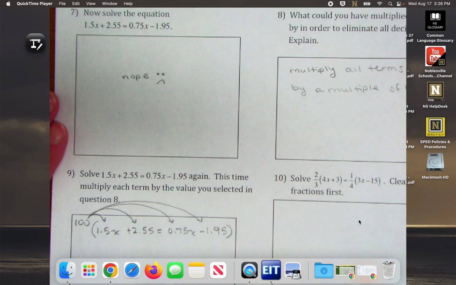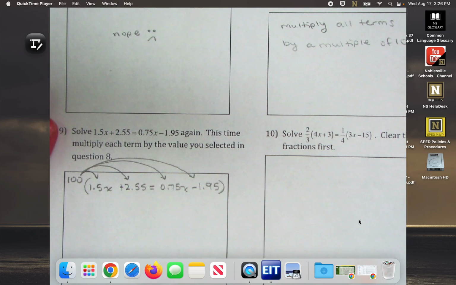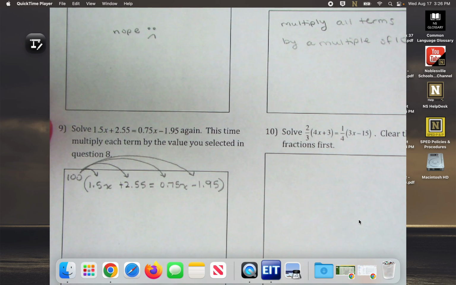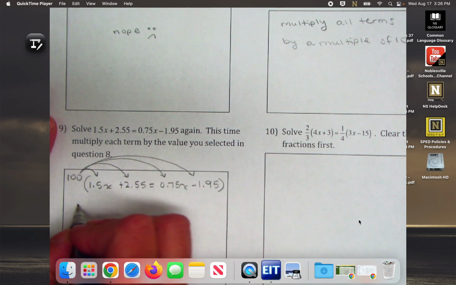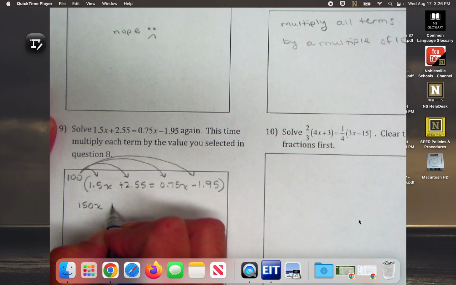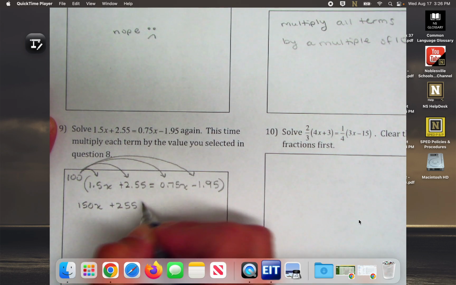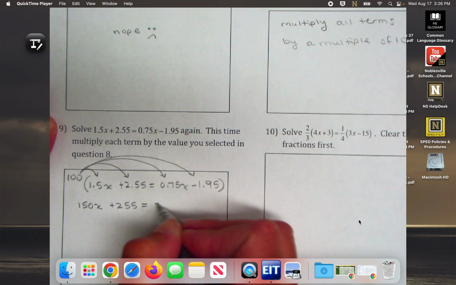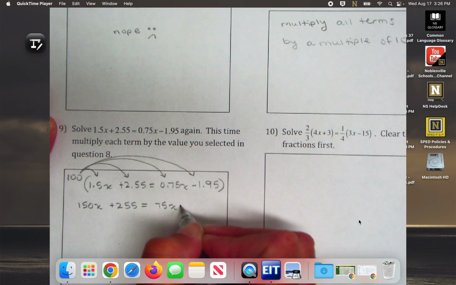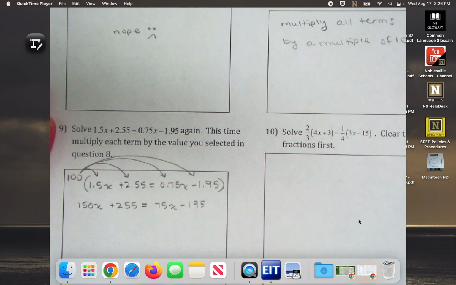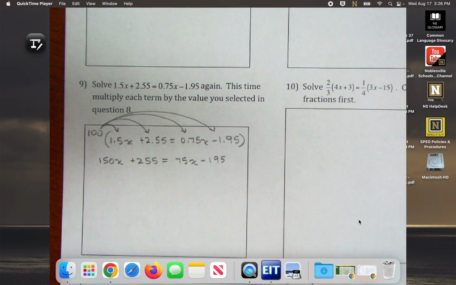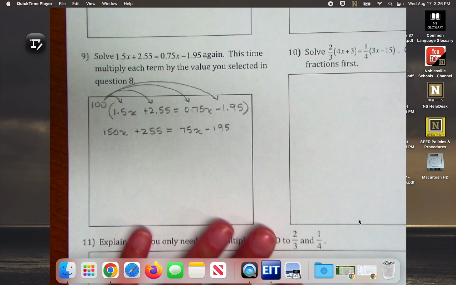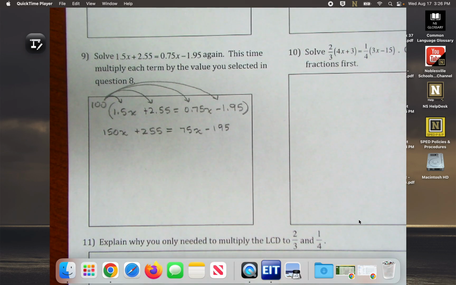So we're going to have 150x plus 255 equals 75x minus 195, because I'm just shifting the decimals 2 places. Go ahead and solve that by yourself. You guys should be able to do this.